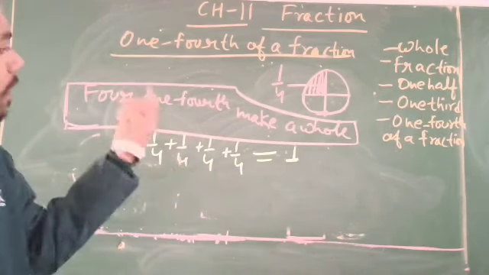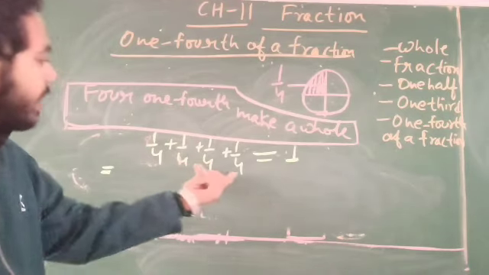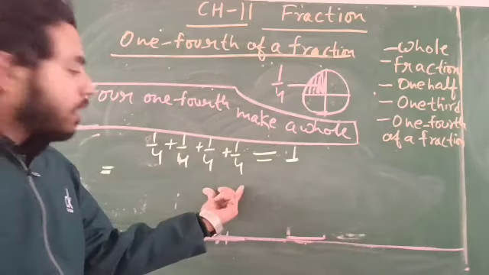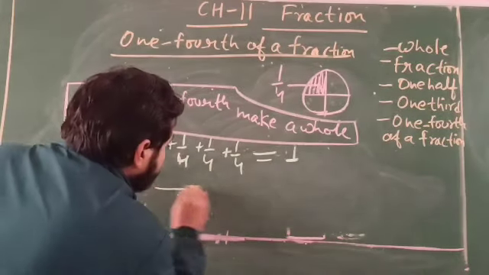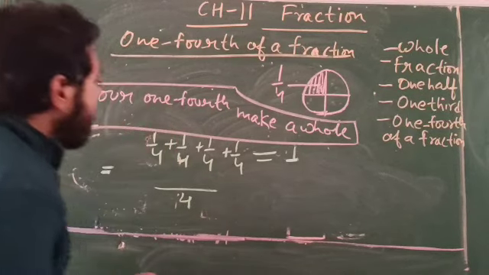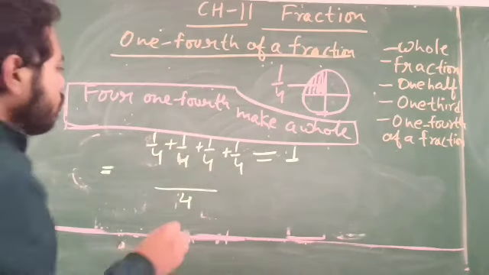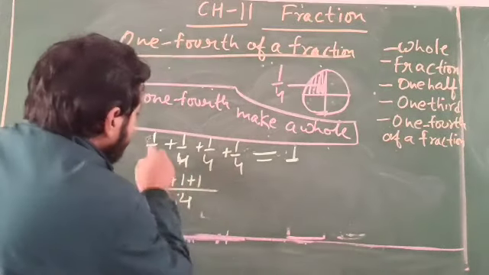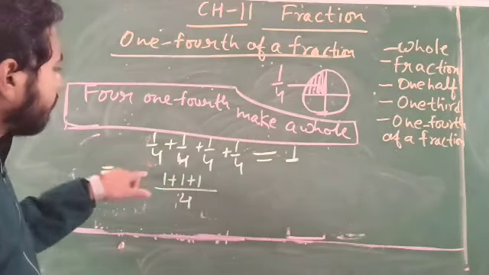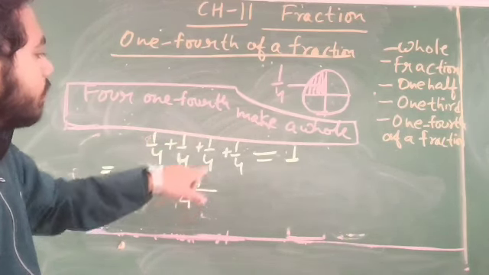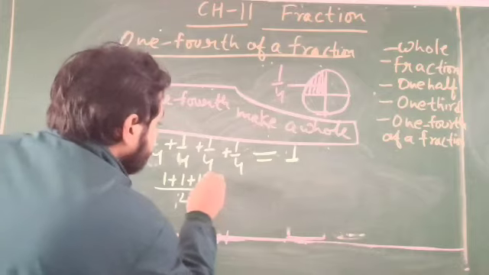As I have earlier told you, if the denominators are the same, we just write 1 time the denominator of all these fractions and we add all these numerators. Here we have written the first numerator of that fraction, here the second numerator, here the third numerator, and here the fourth numerator.